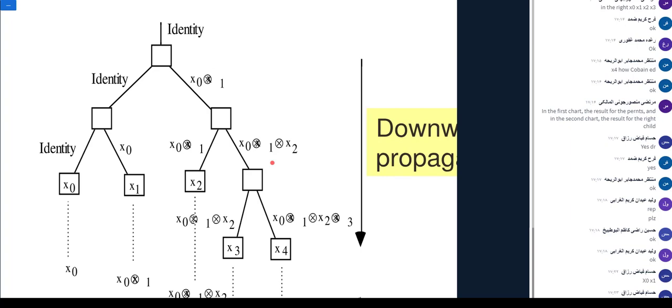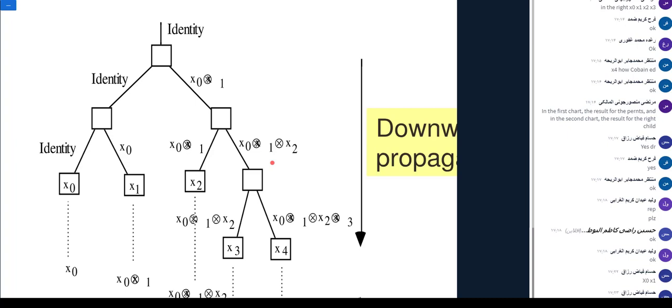So the formula is like this. The thing which is received from up is transferred to left, and the previous left, I mean from the upward phase, combined with what is received now from up, is transferred to right.